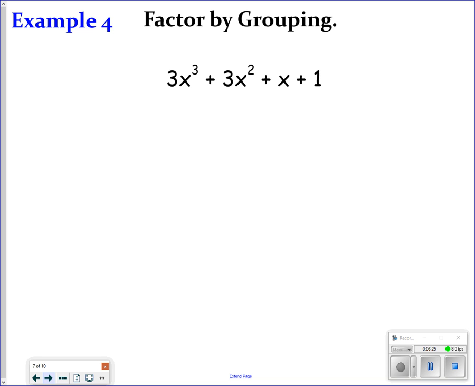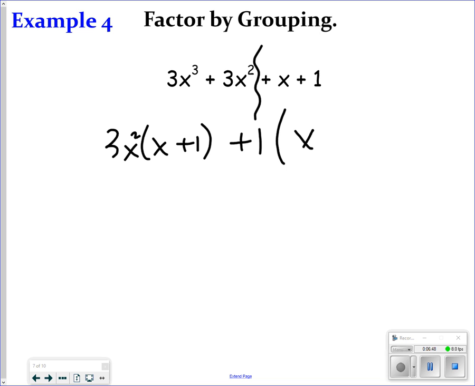Now this one's a little more complicated. There will be some people that will struggle on this one. All right, I see 4 terms. So I'm going to do the GCF of the first two. I'm going to take out a 3 and an x squared. Now, I'm looking at the second one. I'm like, there's nothing that comes out. There's no GCF whatsoever. For the purposes of grouping, then, I can take out a 1.